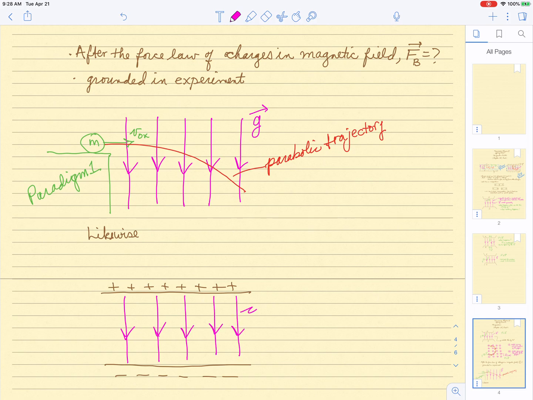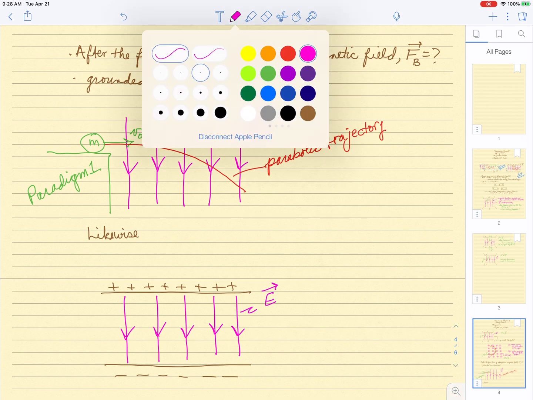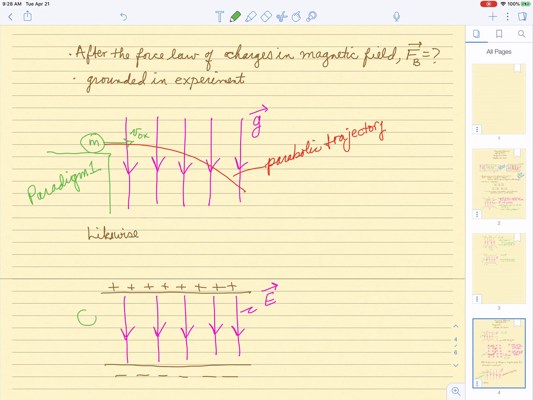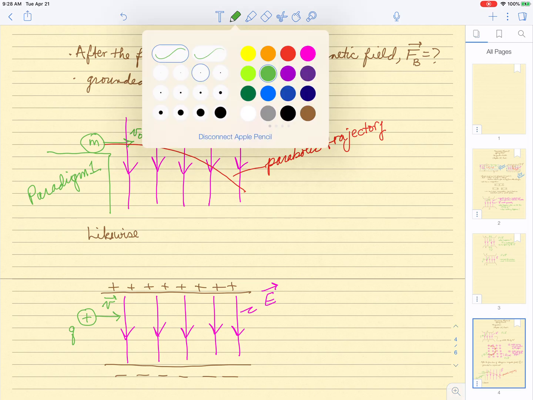Again, the electric field is constant and homogeneous. And if we were to take a positive charge and shoot it into that electric field, then the mathematics is identical.